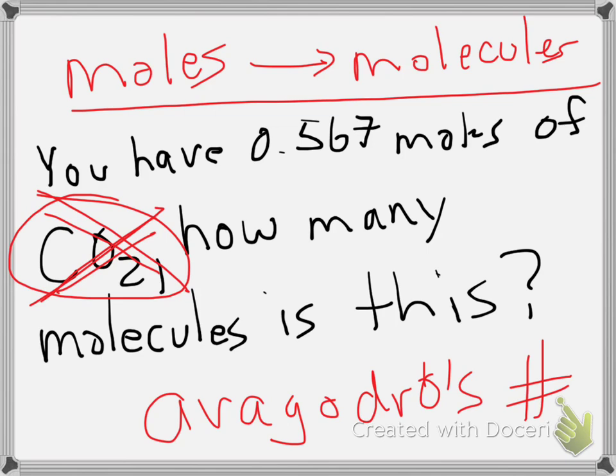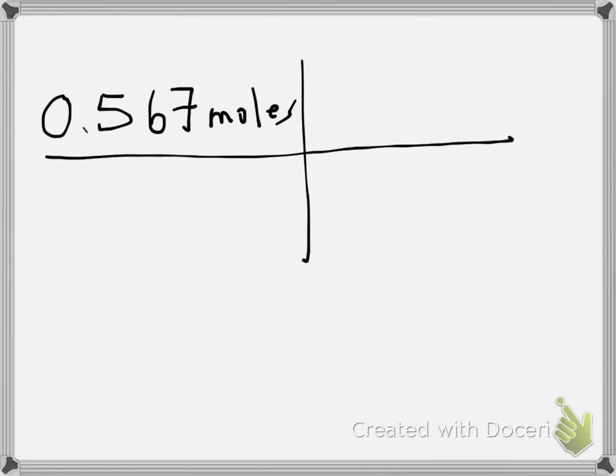Okay? So anyways, write that down. So now I'm going to show you how to solve that problem. So just like before, you start by writing 0.567 moles, and then you make our thing here.